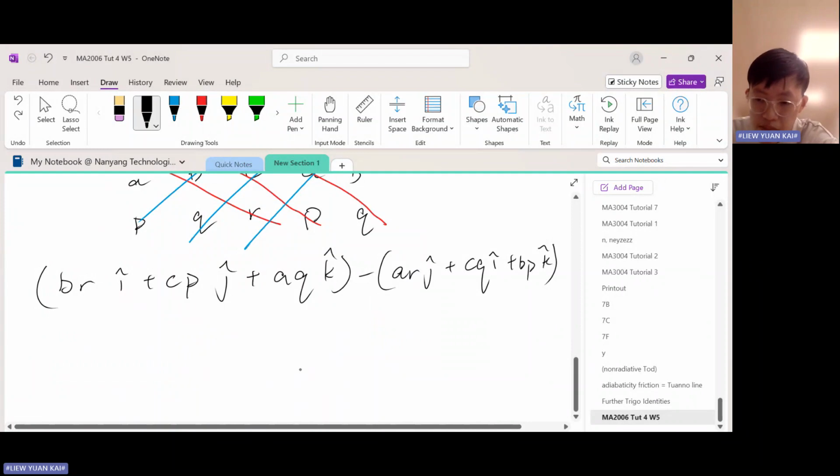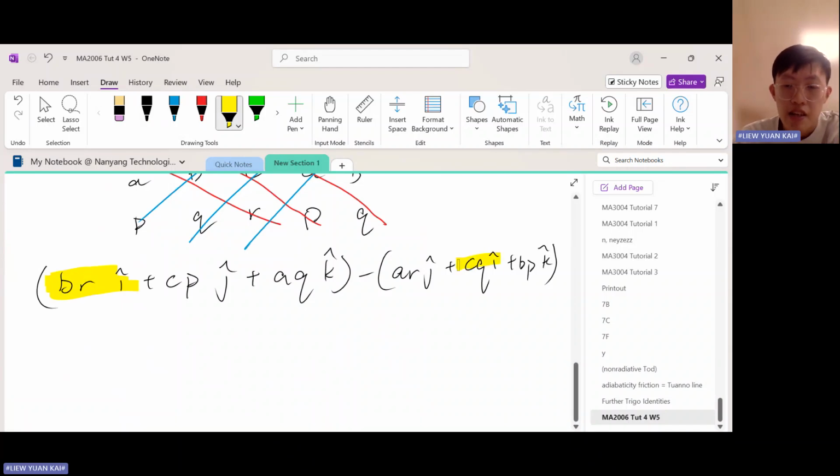How are we going to simplify this? We put the like terms together: this i and this i component, this j and this j component, and this k and this k component.